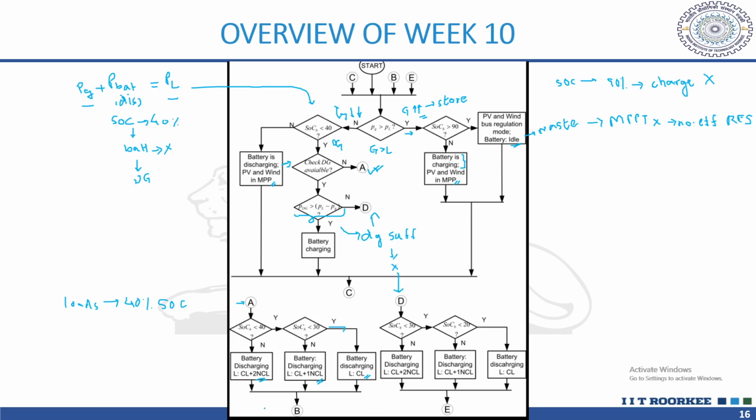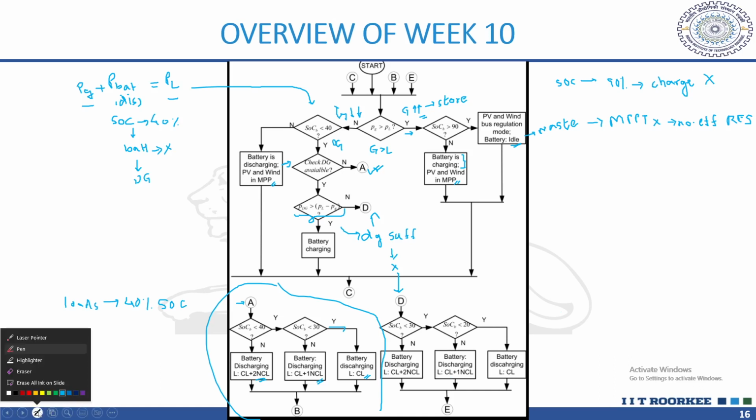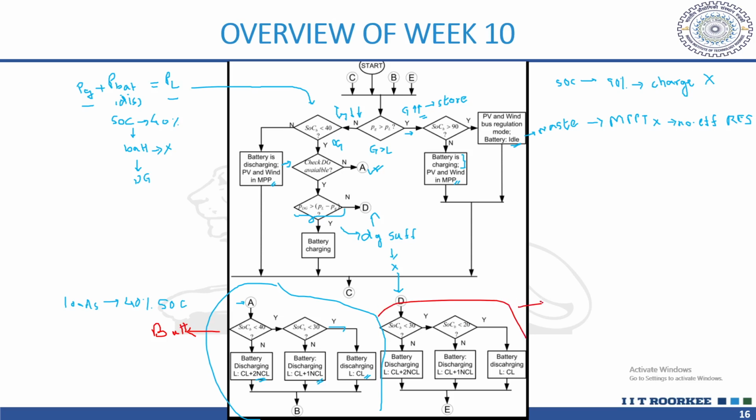Again, as we did for this part, we'll consider the same here also. The only difference here is that from this A point we are calculating. That means here the load is supplied only by the battery, and here it is supplied partly by the battery and partly by the DG.